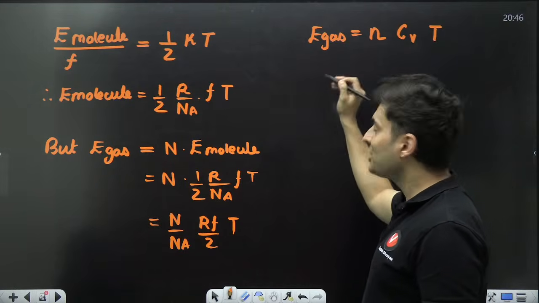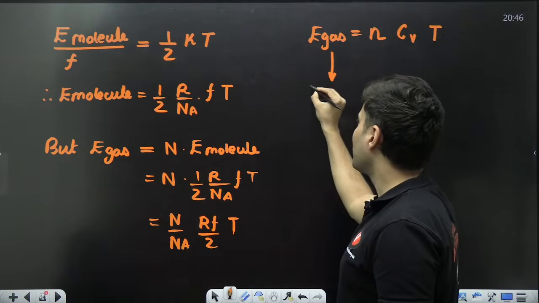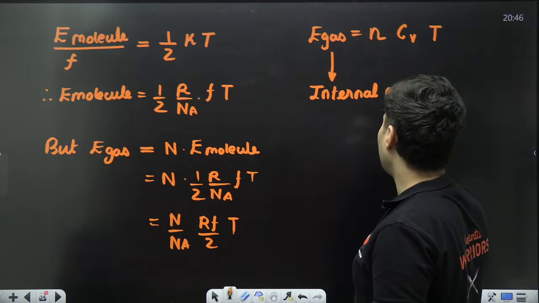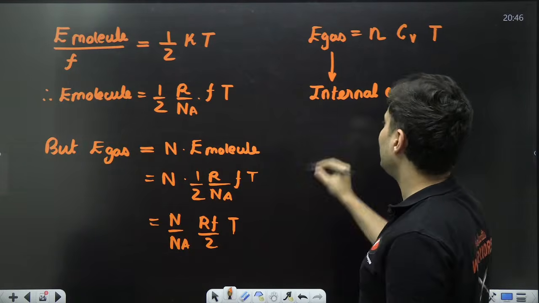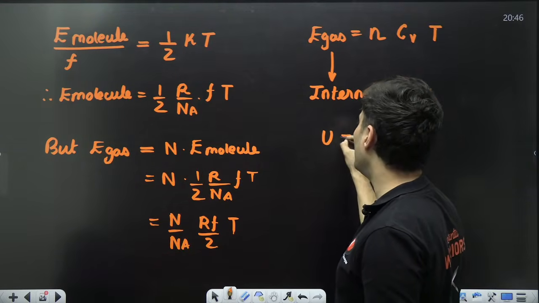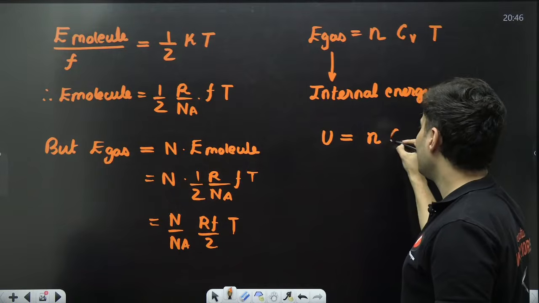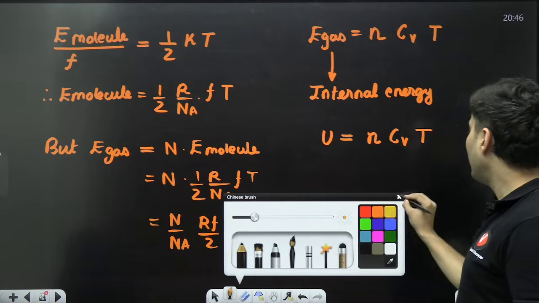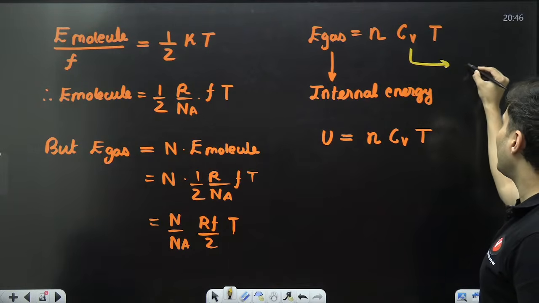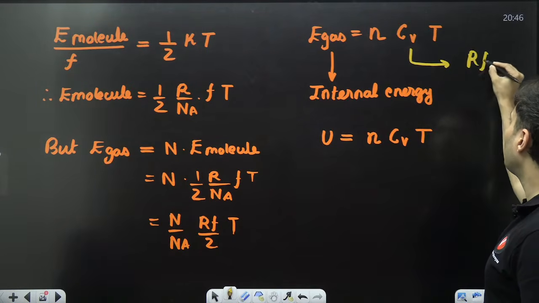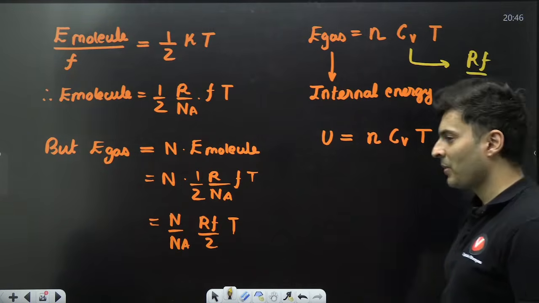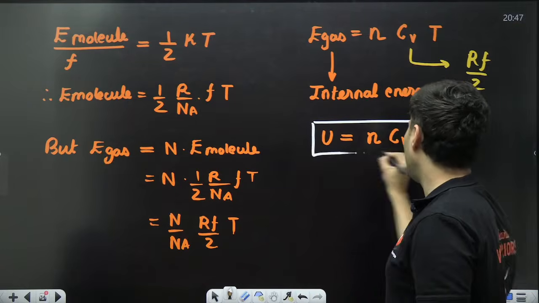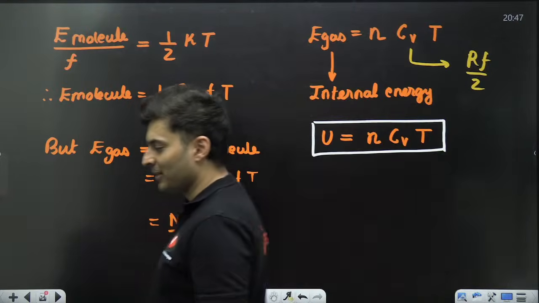Now this energy of the gas is nothing but your internal energy of the gas, and the symbol for that is U. So U will be nCvT, where I have taken Cv as Rf by 2. This is the internal energy of a gas given by nCvT. Very important formula.